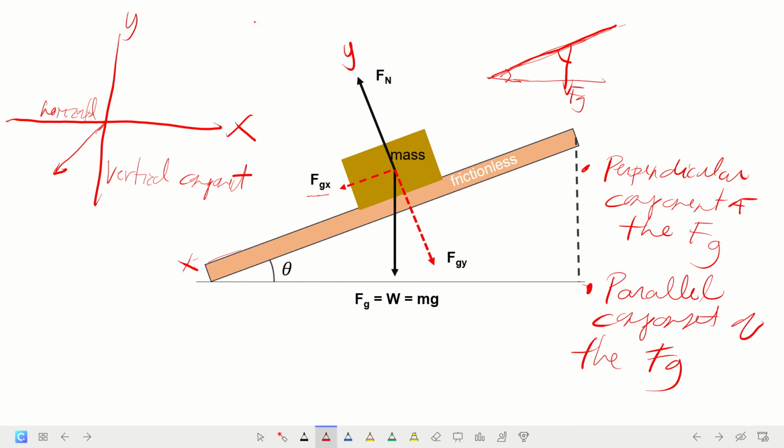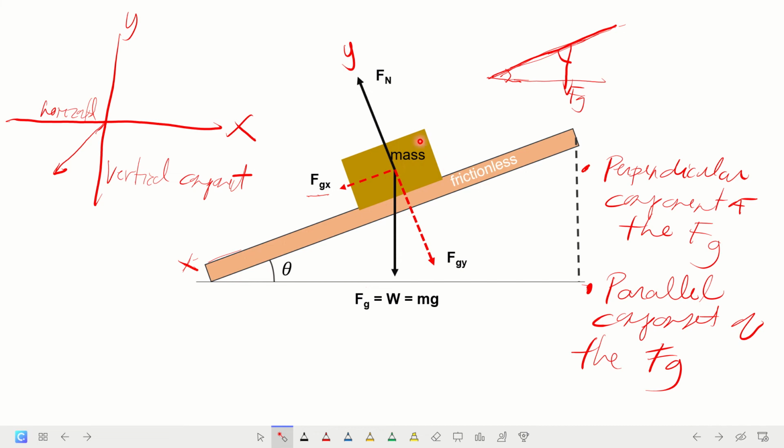Okay, so since we assume this surface to be frictionless, we will not place here an opposing force. So unless you applied a force here, then we're going to draw another force vector here.